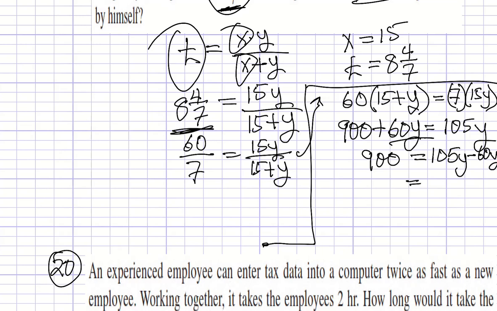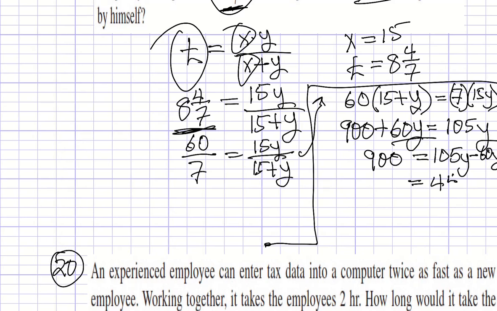What is that? 105 minus 60. What is that? That's what you're looking for right there. You see, 45y. Oh sorry, it's 45y, okay? 900 equals 45y. So then you say y equals 900 over 45.